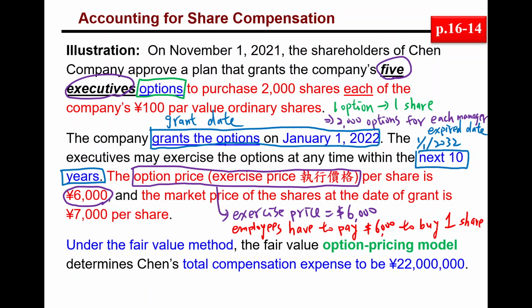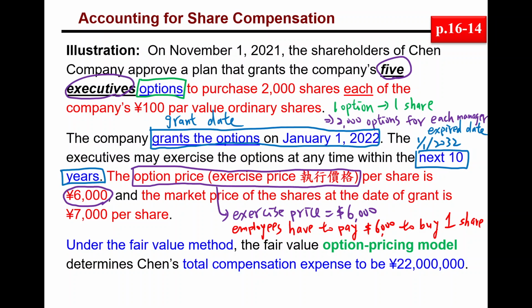And don't forget, we have to find out the cost of compensation, right? Your company decides to give employees these options, nothing is for free. So what's the cost for your company? Here it says we use the fair value method to determine the cost of compensation for one unit. Using an option pricing model, you could find out the fair value for one option.